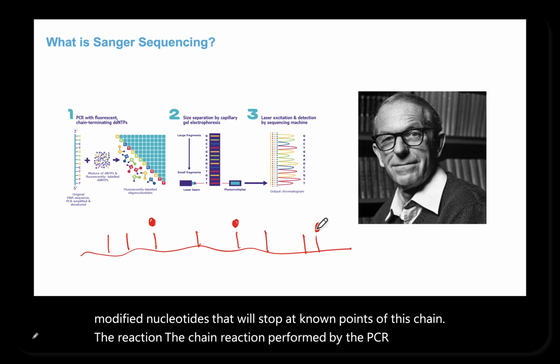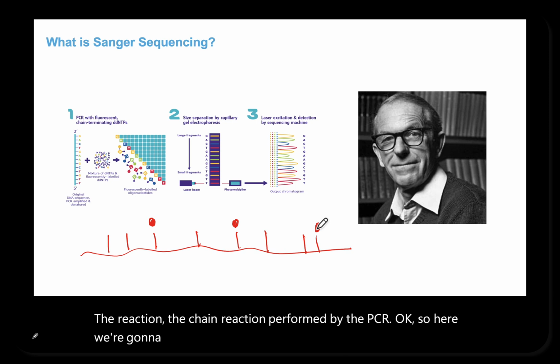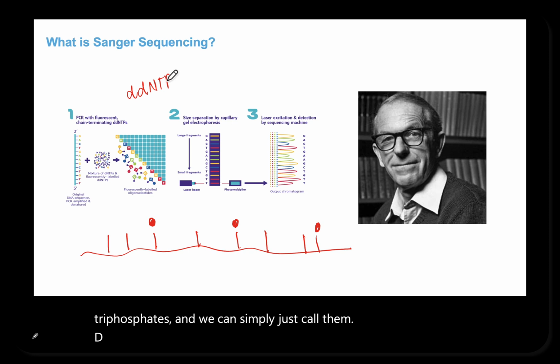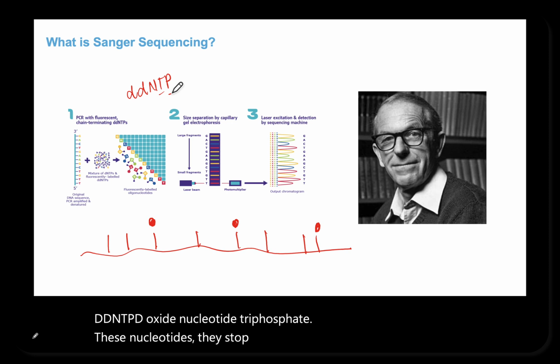Okay, so here we're gonna use these nucleotides called dideoxynucleotide triphosphates, and we can simply just call them ddNTP, dideoxynucleotide triphosphate. These nucleotides, they stop the chain, they stop the sequence of that DNA strand.